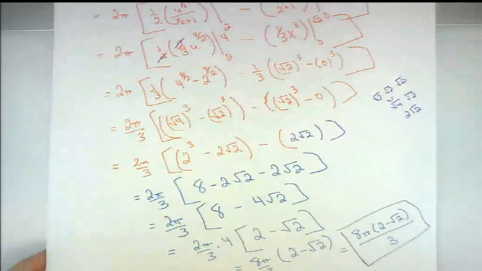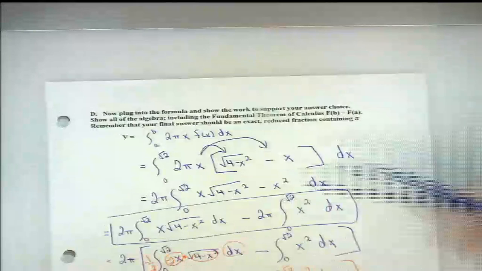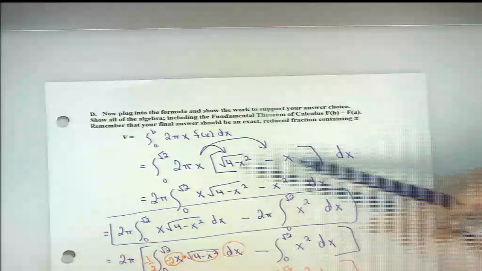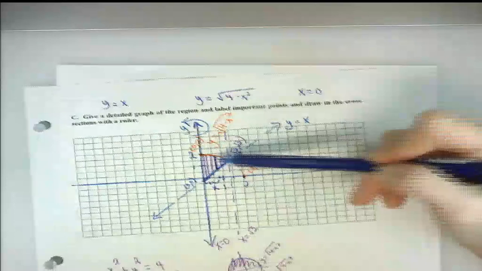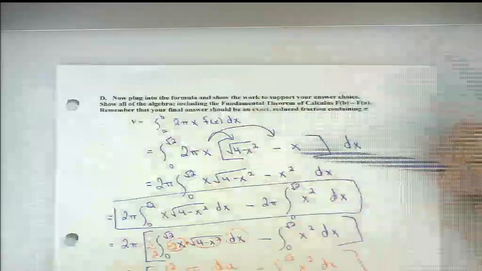The algebra part. Setting the problem up was not bad once you understand that the height is the curve on the bottom of the cylindrical shell.